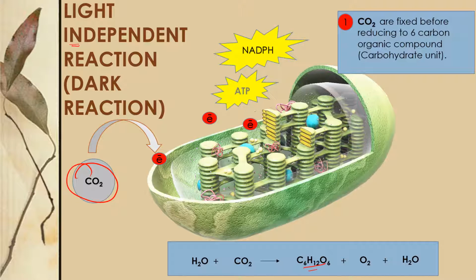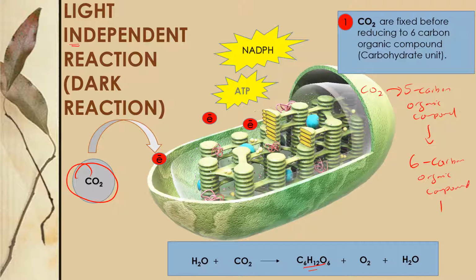So before that, before CO2 fixed to the 5 carbon organic, okay, before it becomes 6 carbon, it is 5 carbon organic compound. Okay, so when CO2 or carbon dioxide enters, it will fix and become 6 carbon organic compound.